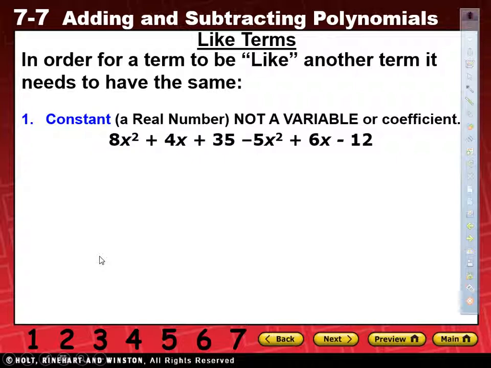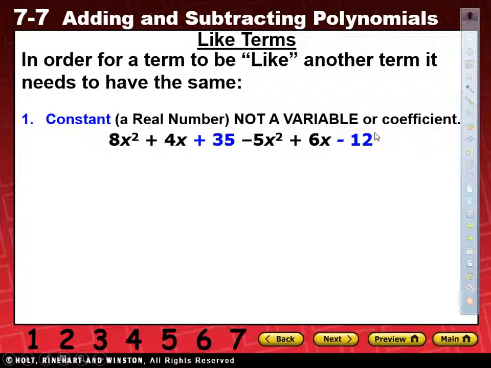Look at this polynomial. See if you can find the constant. Got it? What is a constant? A real number, not a variable. Let's see. 35 and -12.